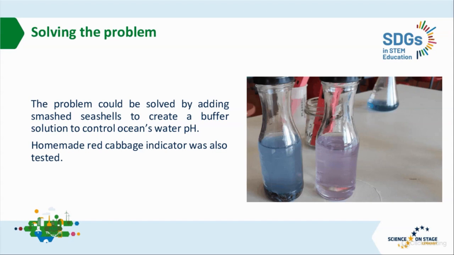And we did, and it worked very well because we use, in this case, red cabbage indicator. In this slide, you can see that the one with the blue color has at the bottom of the water sample some seashells that were smashed in smaller pieces. So the pH hardly changed, but in the one without those seashells, the color changed, showing that the pH decreased.